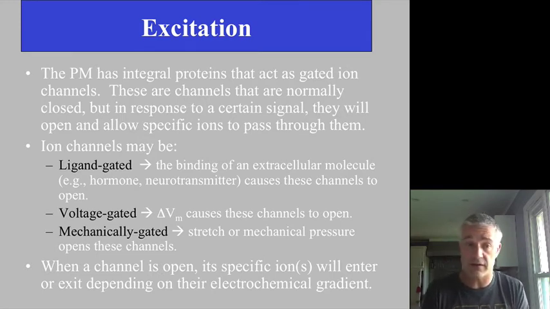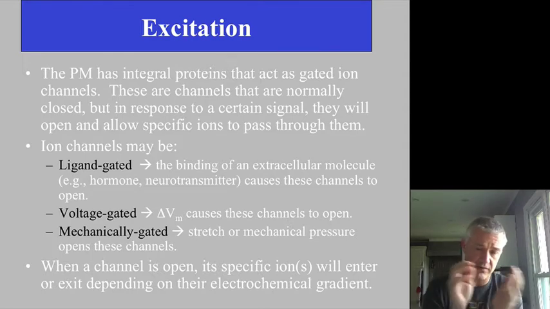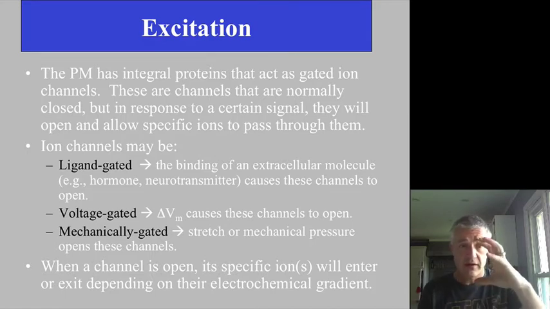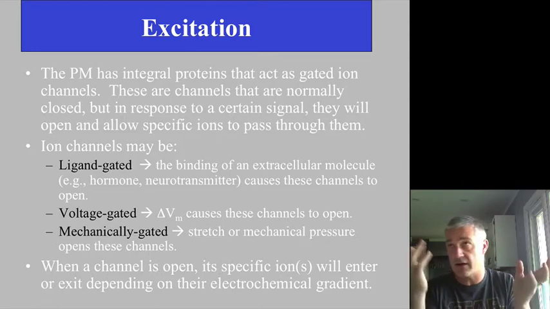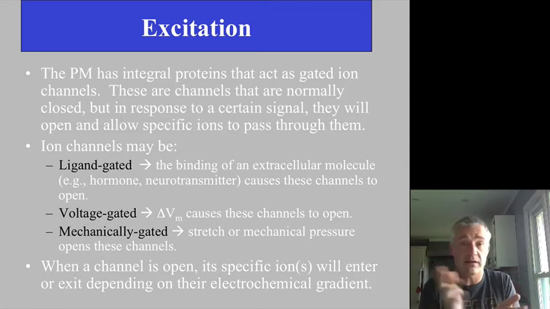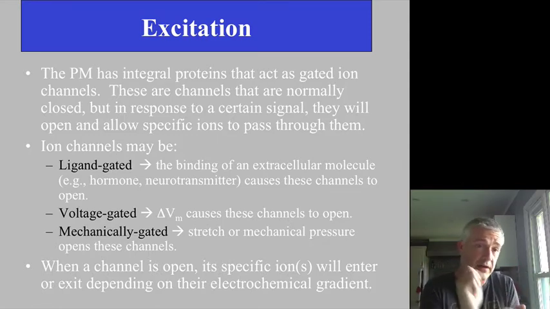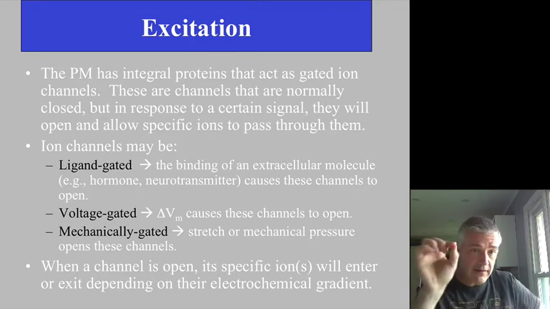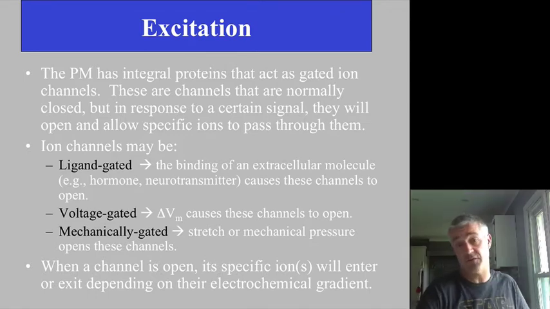The other type of gate, and we've mentioned it a little bit with neurotransmitters already, are voltage-gated channels. What these respond to is a change in the membrane potential in the surrounding membrane. So these are a lot like a temperature on a thermometer. When it hits a certain number, it's going to cause a change. It's like with a heating system, when the temperature gets down to, let's say, 65, that might cause that switch to trip that says turn on the furnace.